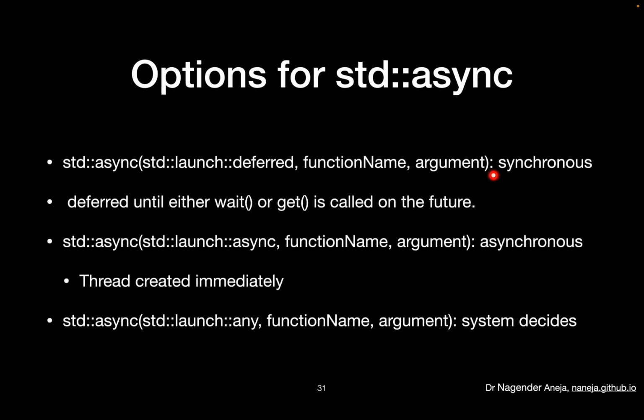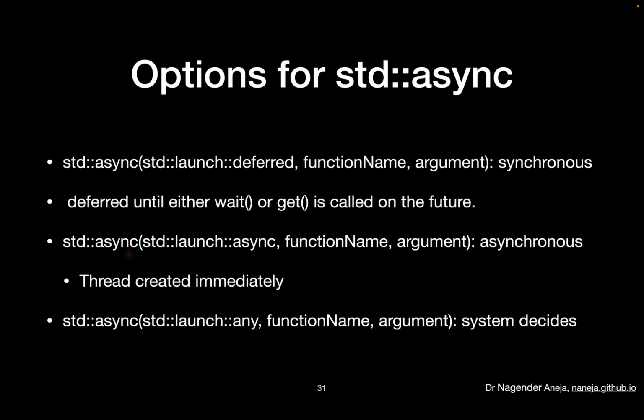And we don't need to pass the promise because this is std::async, so we don't create a promise. If it's a vector, then we still need a vector of futures, but not a vector of promises. And this is synchronous. Since it's deferred, it's synchronous, not asynchronous.